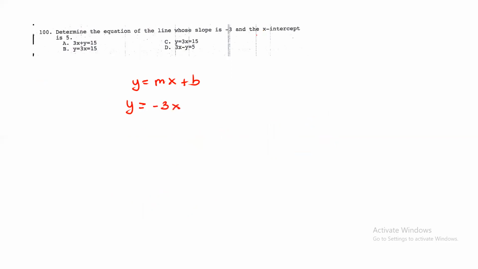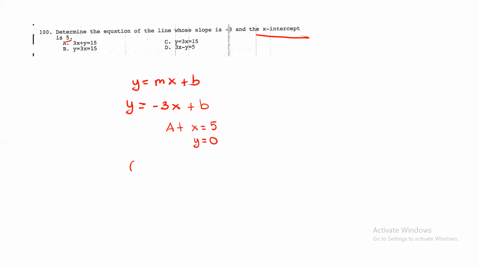So, x-intercept tong 5, no? So, ang ibig sabihin ng x-intercept kasi, pag sinubstitute mo yung x dito, ang magiging value ng y is 0. So, kunin natin. So, negative 3x plus b. So, at x is equals to 5. So, at x-intercept is equals to 5. Ang y dapat na magiging value is 0.